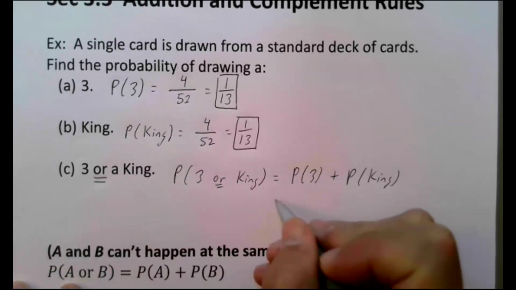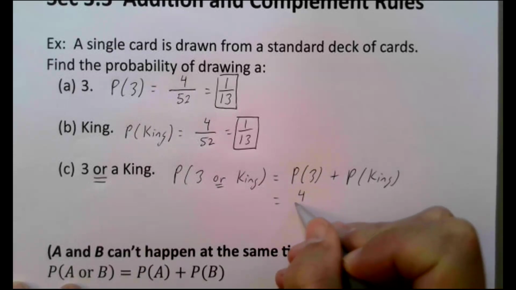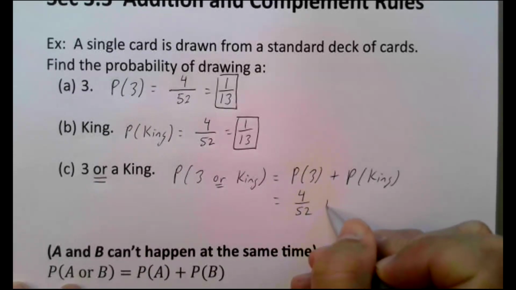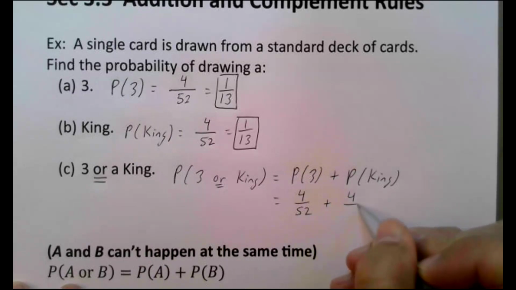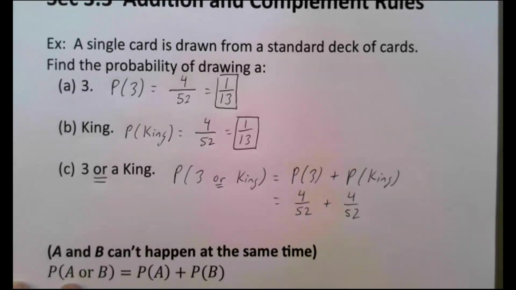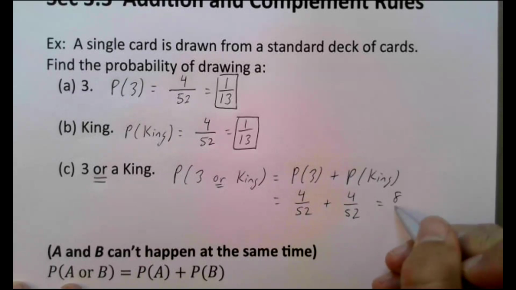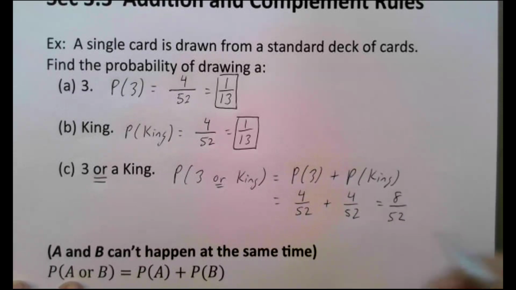And that should make sense to you because there are 4 of the 52 cards that are 3s, and there are another 4 of the 52 cards that are kings. So there are a total of 8 out of 52 cards in the deck that would satisfy either a 3 or a king.